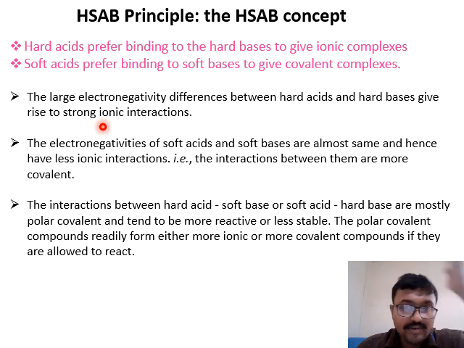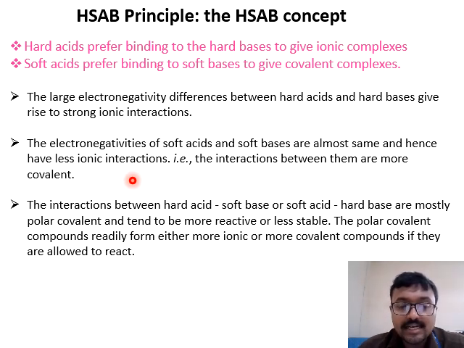A larger electronegativity difference between a hard acid and a hard base gives rise to strong ionic interaction. The electronegativities of soft acids and soft bases are almost the same, and hence they have less ionic interaction. That is, the interaction between them is more covalent.